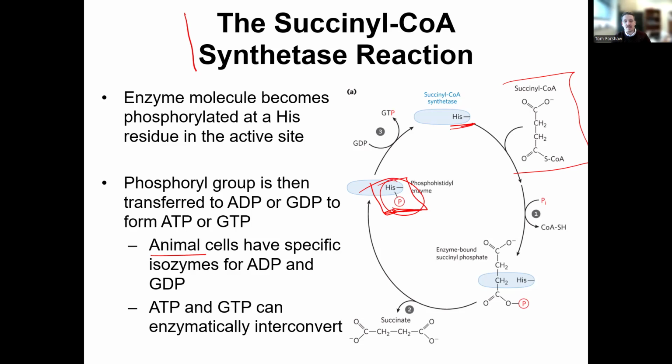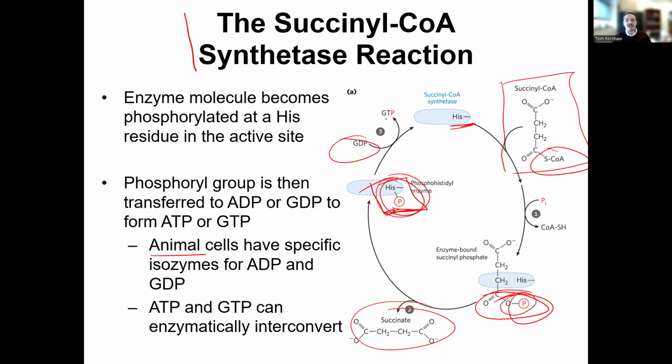And I didn't really want to talk about the mechanism, actually. I don't want to get lost in the weeds of the mechanism of the hydrolysis of this thioester driving the phosphorylation of the carboxylic acid across here, and then the hydrolysis of this phosphoester bond to generate the succinate, which causes the phosphorylation of the histidine, which can then phosphorylate GDP into GTP and restore the non-phosphorylated histidine.